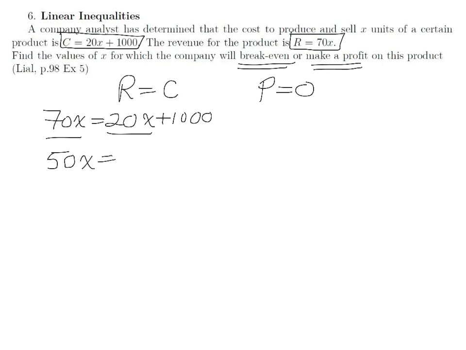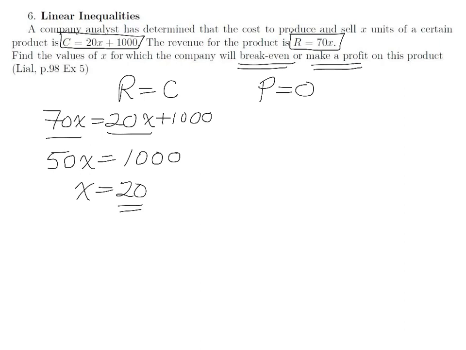We have 50x. We're subtracting 20x from the left side, of course, to keep that equality. And we have 50x is equal to 1,000, so x is 20. So that would indicate that this company has to produce and sell 20 of this product in order to make 0 profit or to break even.